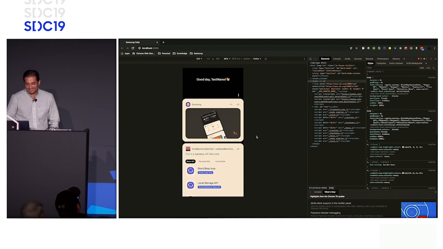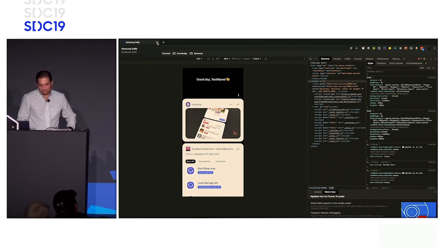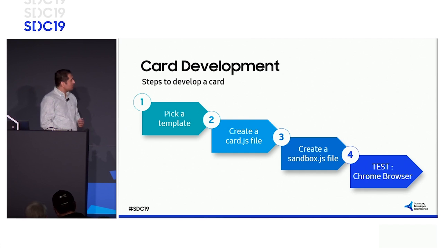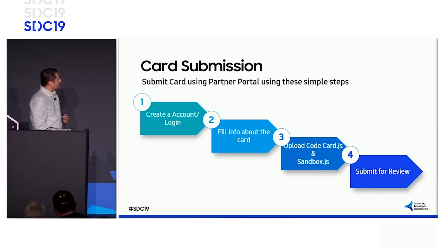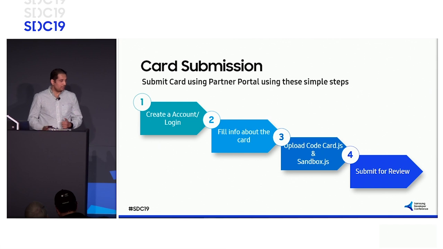Once this part is done, the next steps would be to actually go ahead and submit this code that we created to the partner portal. As I mentioned, we have to create an account on the partner portal, and that's how you'll be able to download the SDK.